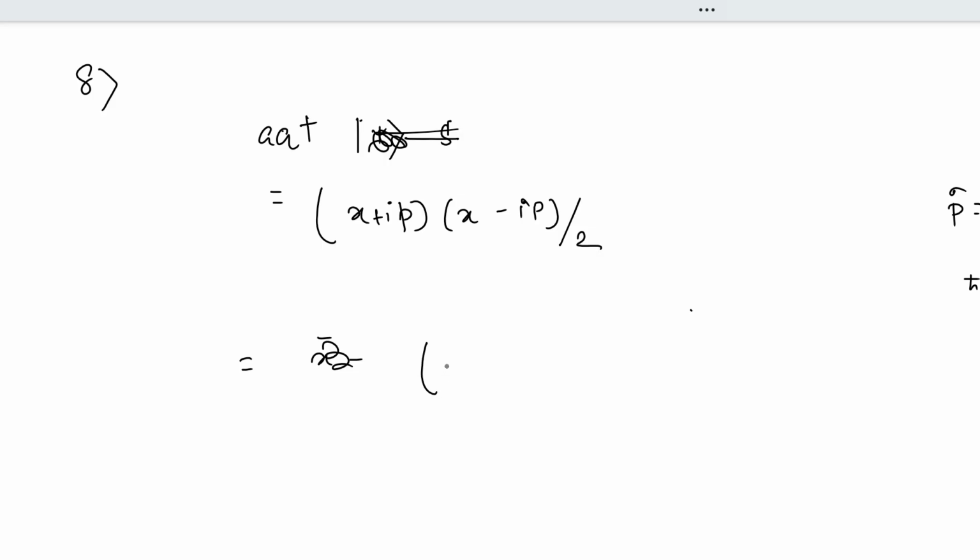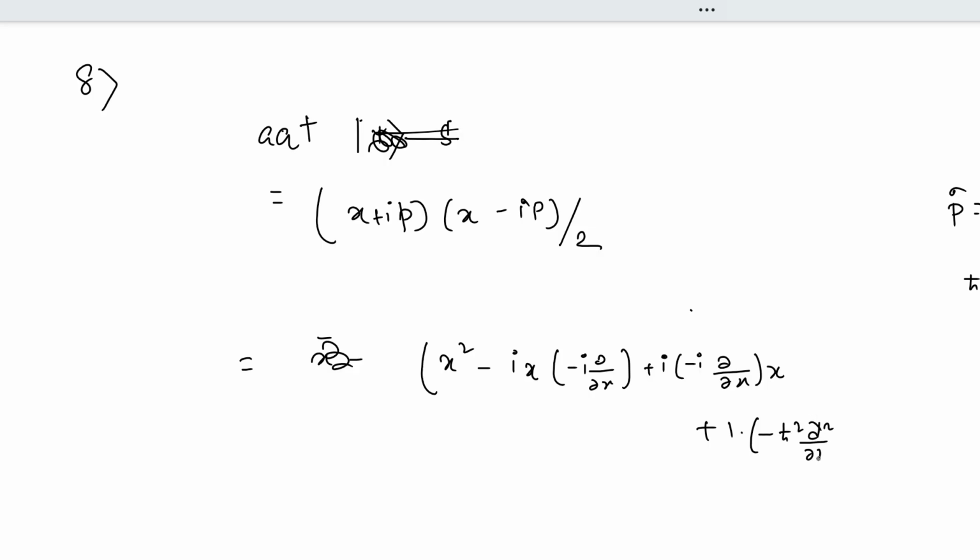Let me just check. So x squared minus i x p, and then after that p is minus i del x, plus i minus i del x of x, and minus i squared is plus 1. Then p squared is i h cut whole squared, so again minus h cut squared del 2 del x2, divided by 2.